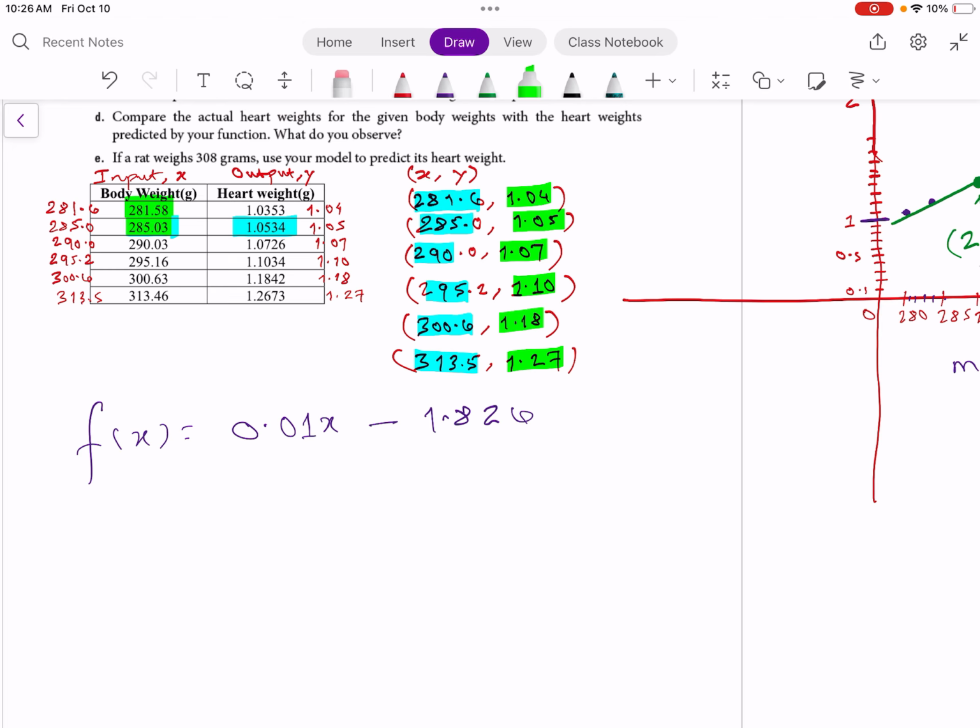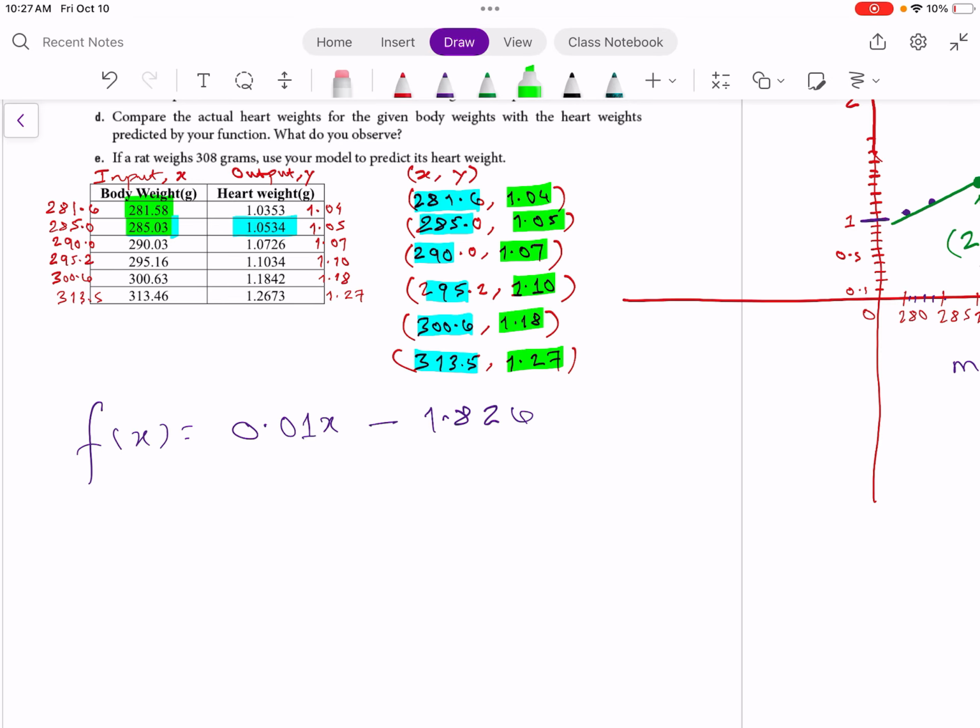How do we do that? We have this function that describes this data set, and these are the actual heart weights. Now we will use this function to make a prediction of a heart weight for each of these rats. These are our x values.